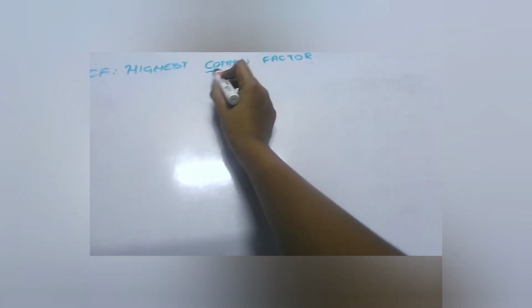You know, a number has a highest factor, that would be the number itself. But here the word common has a meaning. So highest common factor means to find the common factor which is the highest in 2 or more numbers.